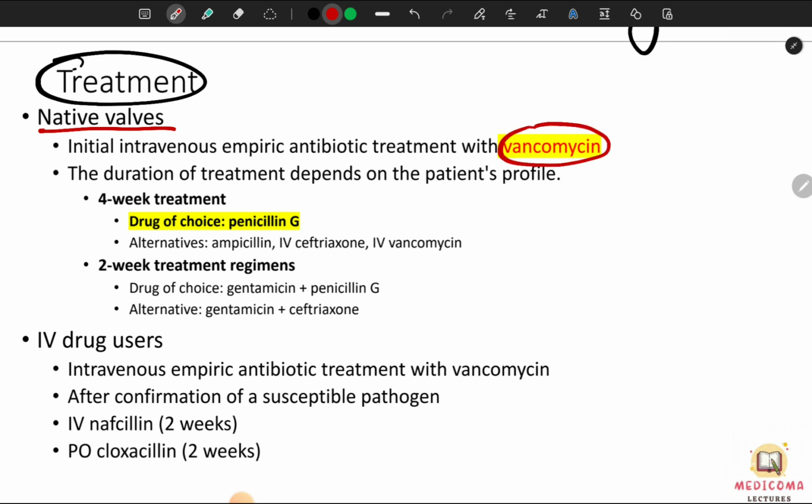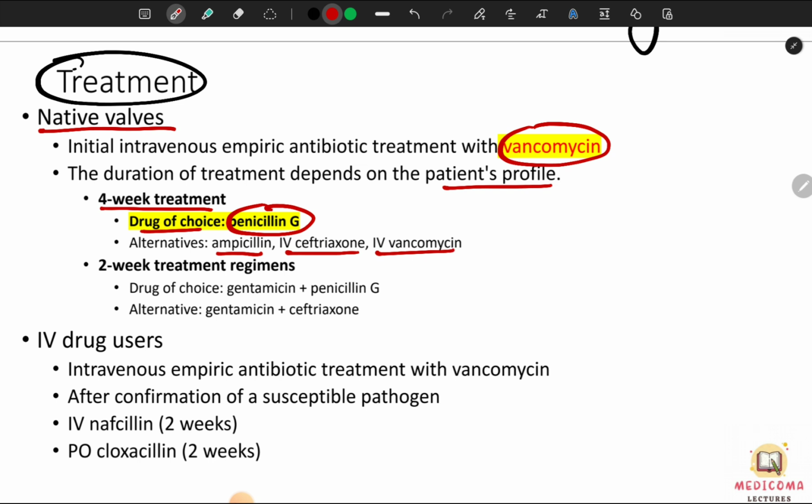The duration of treatment depends on the patient profile; we see if the patient is healing or not, and according to that we will continue the treatment. For 4 week treatment, the drug of choice is penicillin G, and alternatives we use are ampicillin, IV ceftriaxone, which is a third generation cephalosporin, and IV vancomycin.